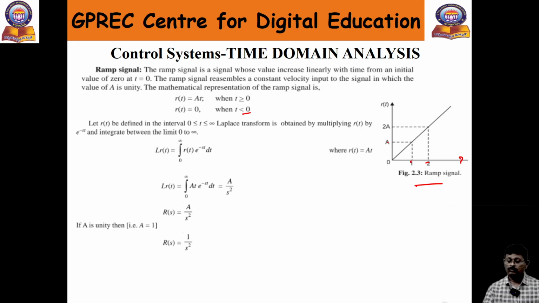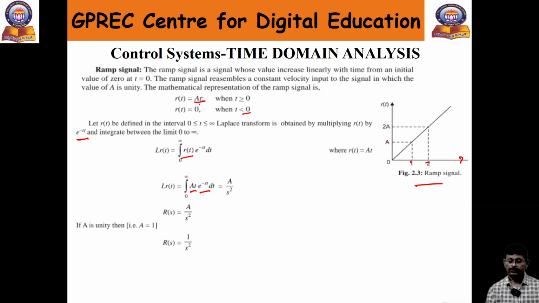Now apply the Laplace transform, integrating from 0 to infinity. The Laplace transform is obtained by multiplying r of t by e power minus st and integrating dt. What is r of t here? A t. So the integral of A t e power minus st dt, and for t this gives 1 by s square.